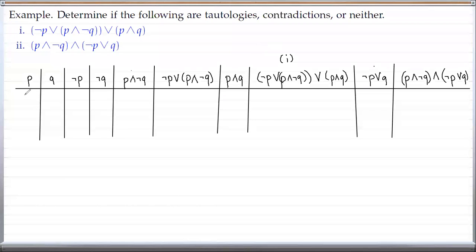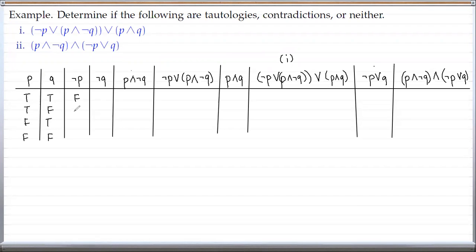First, we want to put down all the possible combinations of truth values of P and Q. So we have true, true, true, false, false, true, false, false. So now we have a column for not P. So we just negate the P column.